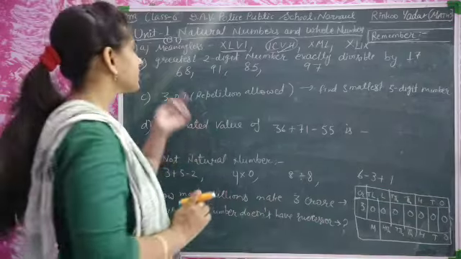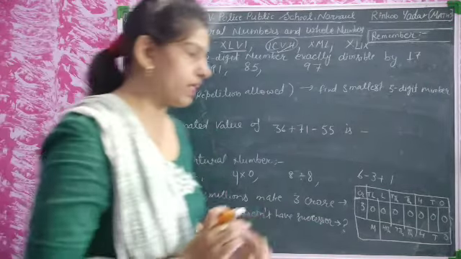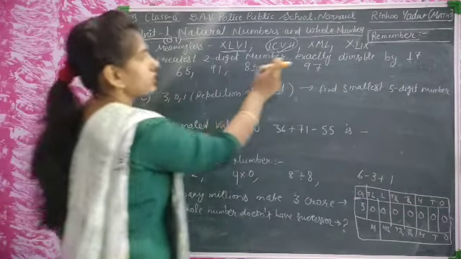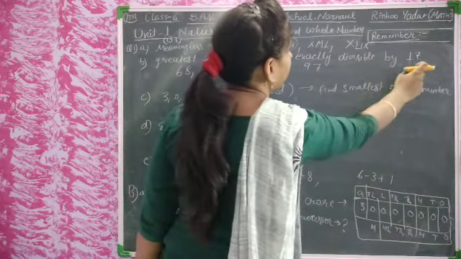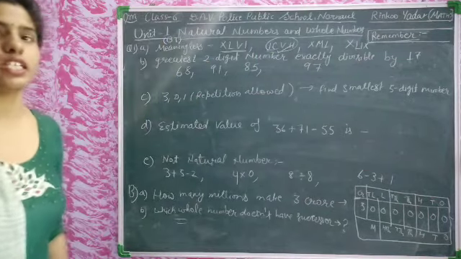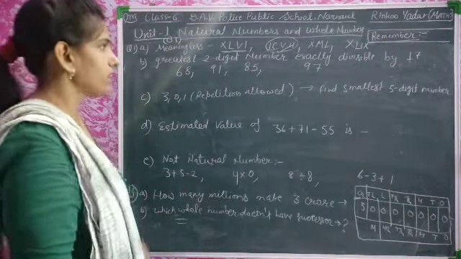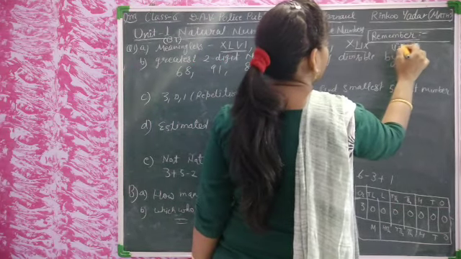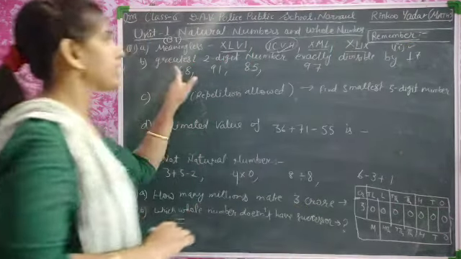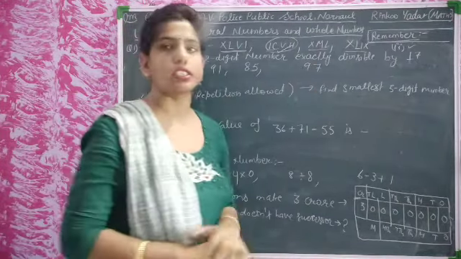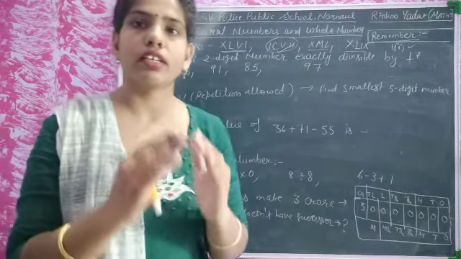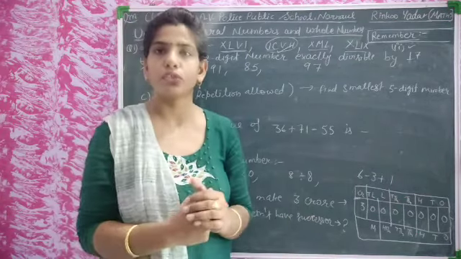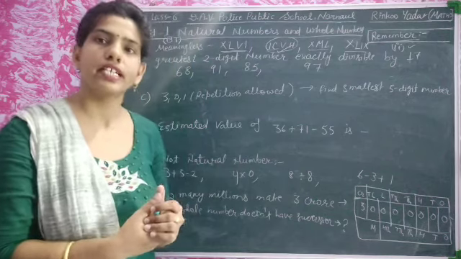Now there is part B. Part B is asking a question: the greatest 2-digit number exactly divisible by 17. Exactly divisible by 17. Its answer is part 2. Greatest 2-digit number exactly divisible by 17 means there must not be any remainder. There is only remainder 0 after dividing that number by 17.